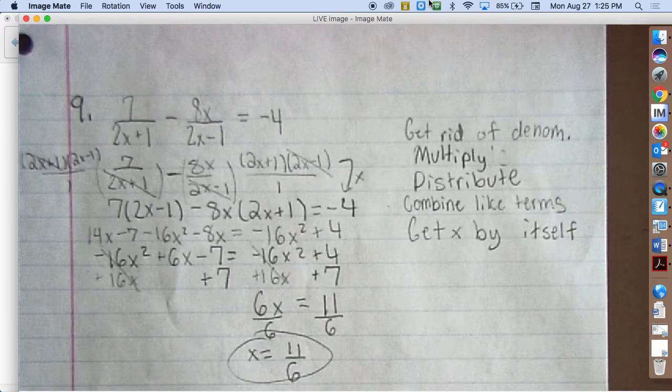And then you combine the like terms to get negative 16x squared plus 6x minus 7 equals negative 16x squared plus 4. And then you just add and subtract both sides to get 6x equals 11. And then you get x equals 11 over 6.